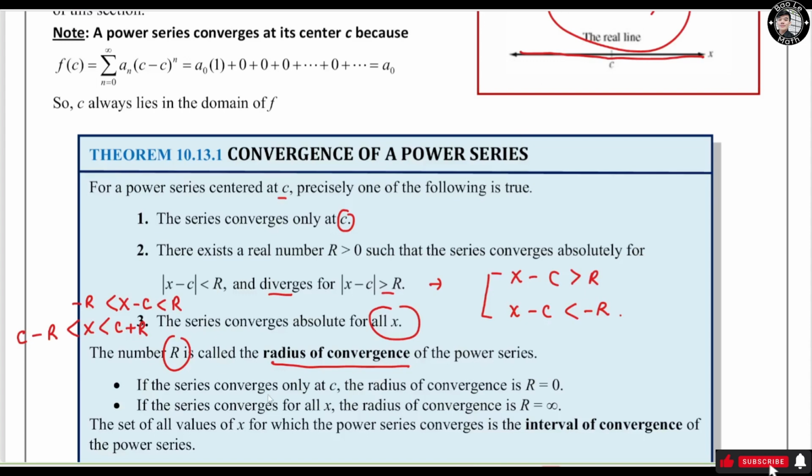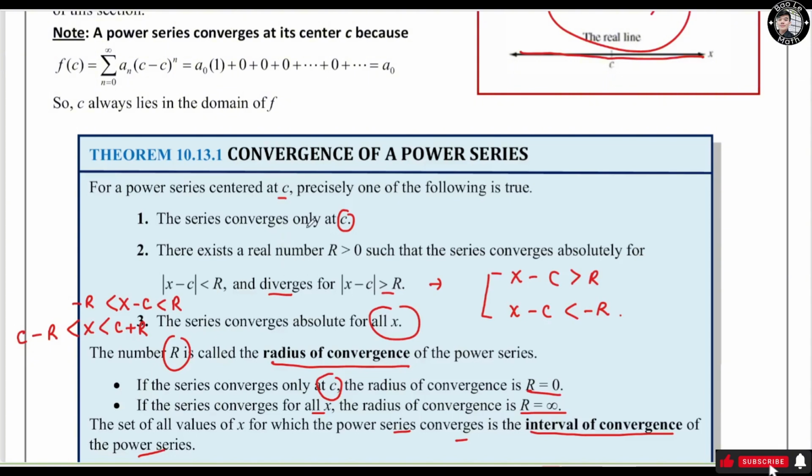If the series converges only at the center, the radius of convergence is 0. If the series converges for all values of x, the radius of convergence is infinity. The set of all values of x for which the power series converges is the interval of convergence of the power series. This theorem right here is extremely important.